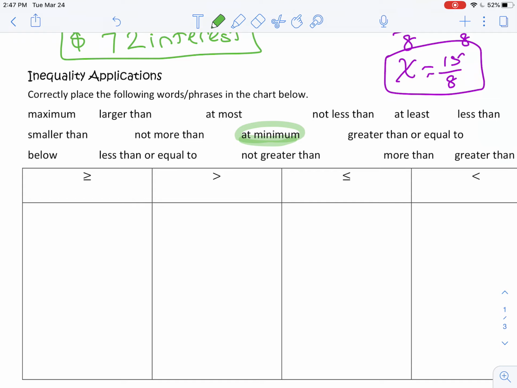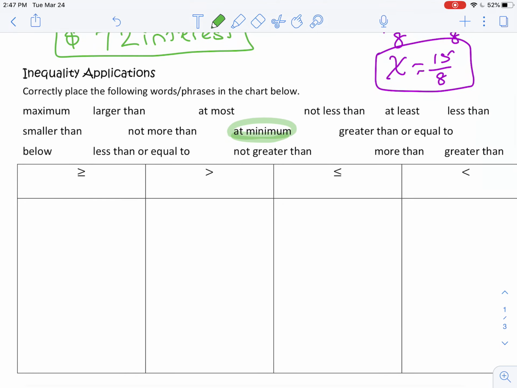So at a minimum. Does that mean it's greater than or equal to 15 people? Greater than 15 people? Less than or equal to 15 people? Or less than 15 people? If there's at a minimum 15 people before you're going to open the doors, then that means 15 people is fine.